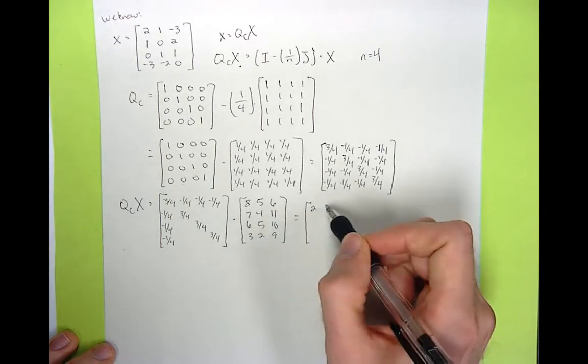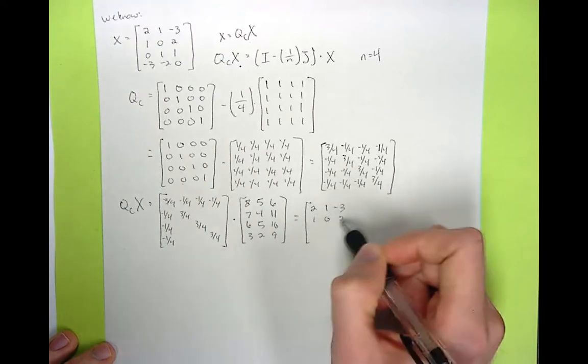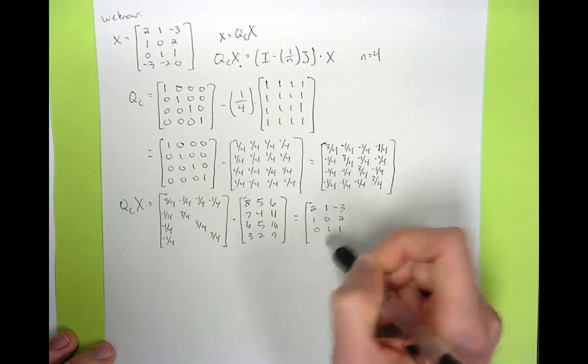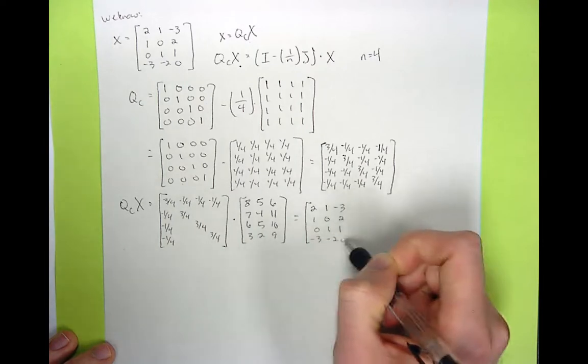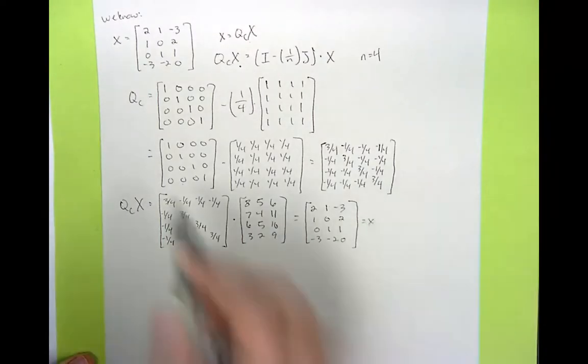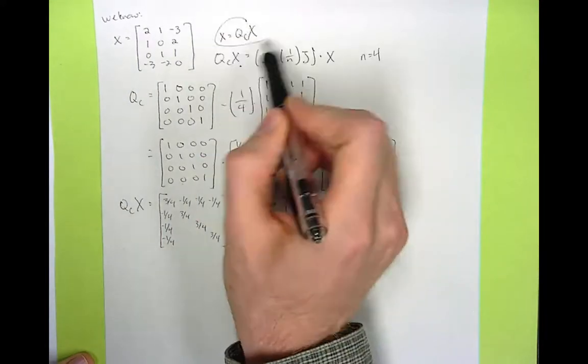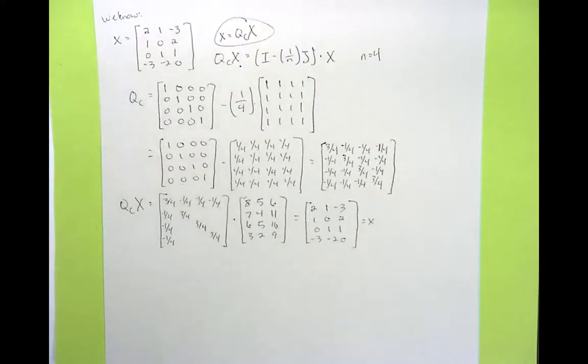What we actually get is 2, 1, negative 3, 1, 0, 2, 0, 1, 1, negative 3, negative 2, 0. Where have you seen that before? I'll give you a hint. I spy on this same page the same thing. Yeah, that actually equals our x that we have up here. So thus, x equals the centering matrix times the raw data matrix x.